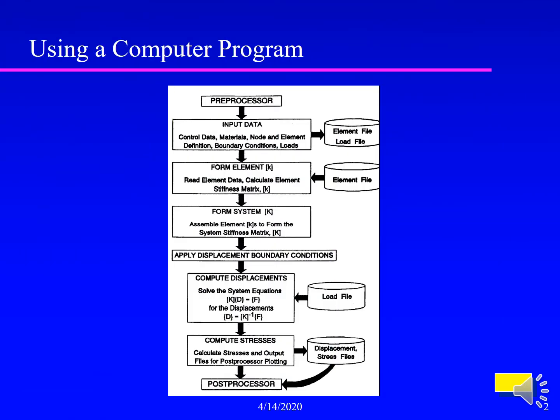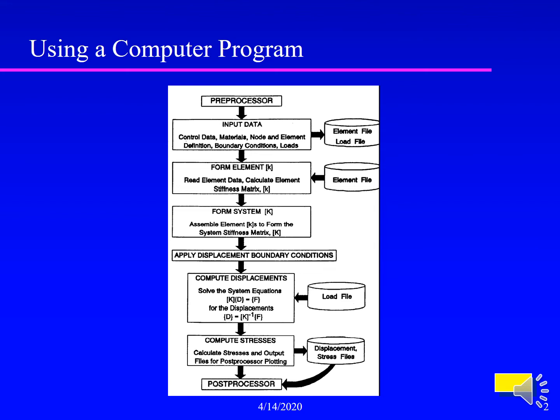Here is the algorithm of the computer program. First is the pre-processor, as we have discussed, that is input data. It includes control data, material data, nodes, various nodes and element definitions, boundary conditions and other loads which are applied in the structures, which is created.